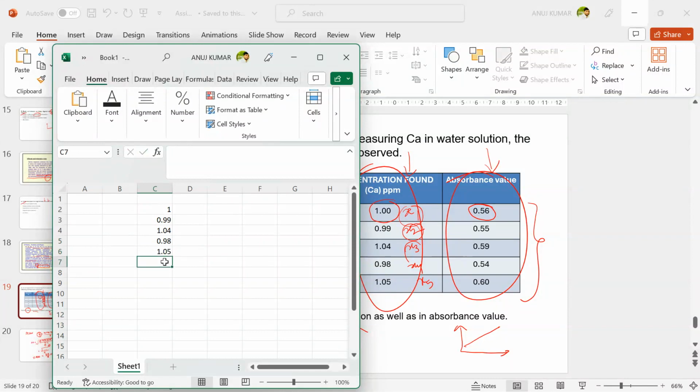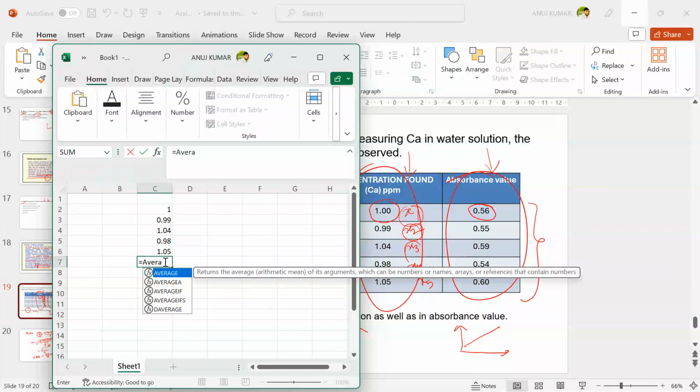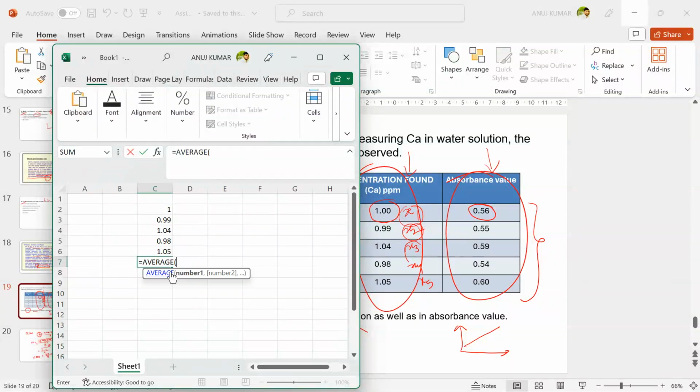Okay, so if I am calculating the average, this will be the average of these values, right?